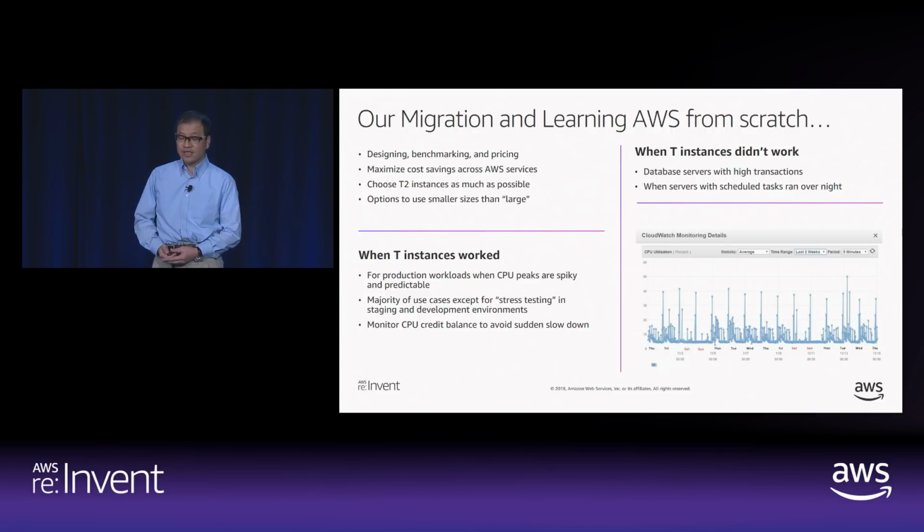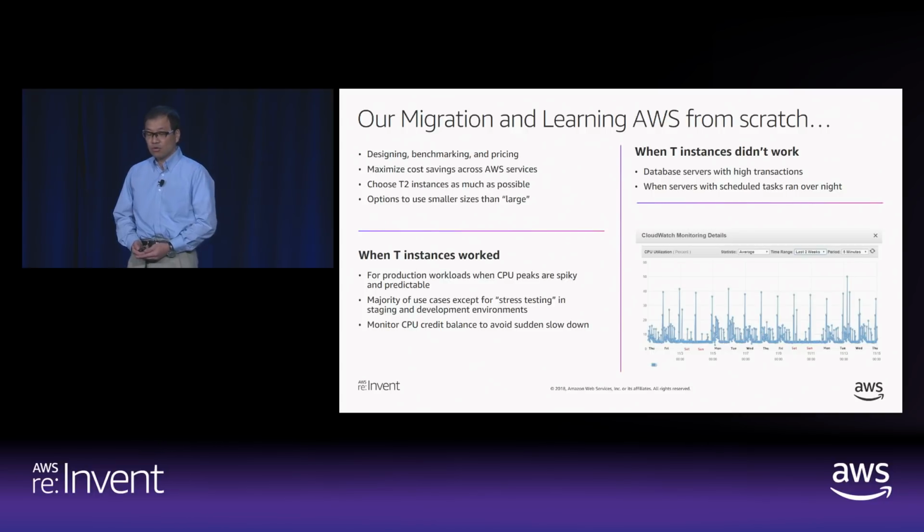In the EC2 part, we decided to choose T2 instances as much as possible. One more big EC2 advantage is that T2 instances support smaller instance sizes than large instances, such as T2 medium, T2 small, and so on.